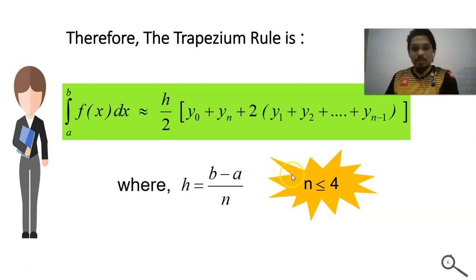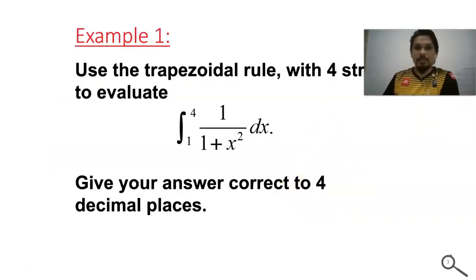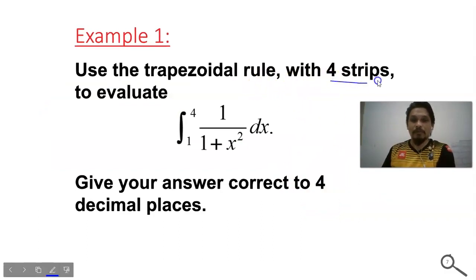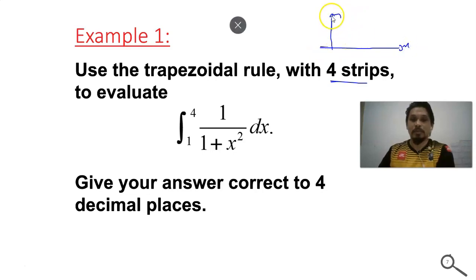Without wasting so much time, use the trapezoidal rule with 4 strips. Imagine something like this: a graph of y equal to f(x).